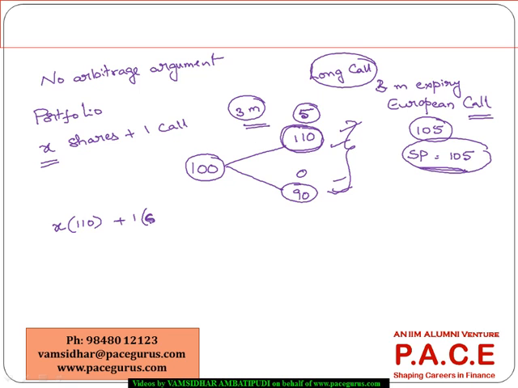And if the stock price touches 90, then X times 90, and here I have one call option, which will give a benefit of 5.